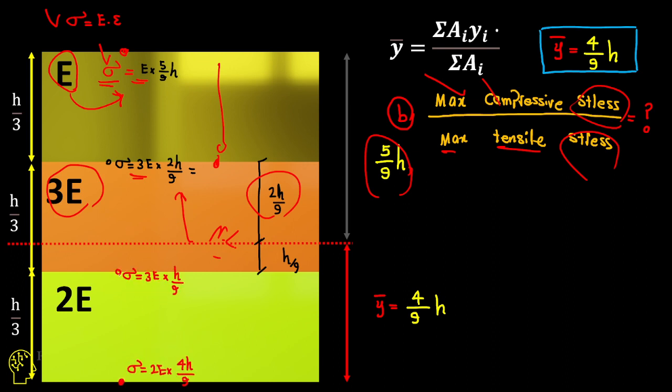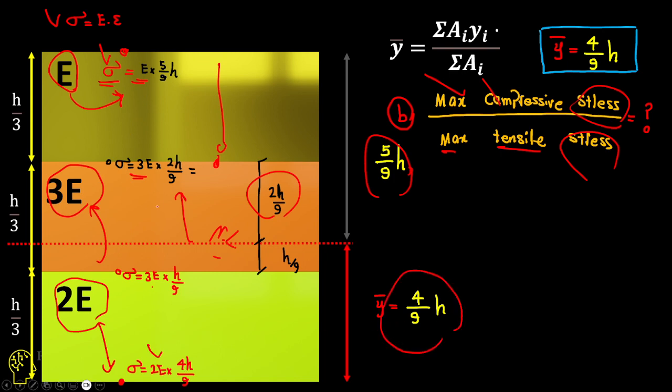The third point is, again, if you want the maximum, go with the higher modulus: 3E times h over 9. And if you move all the way down, go with 2E times 4h over 9.